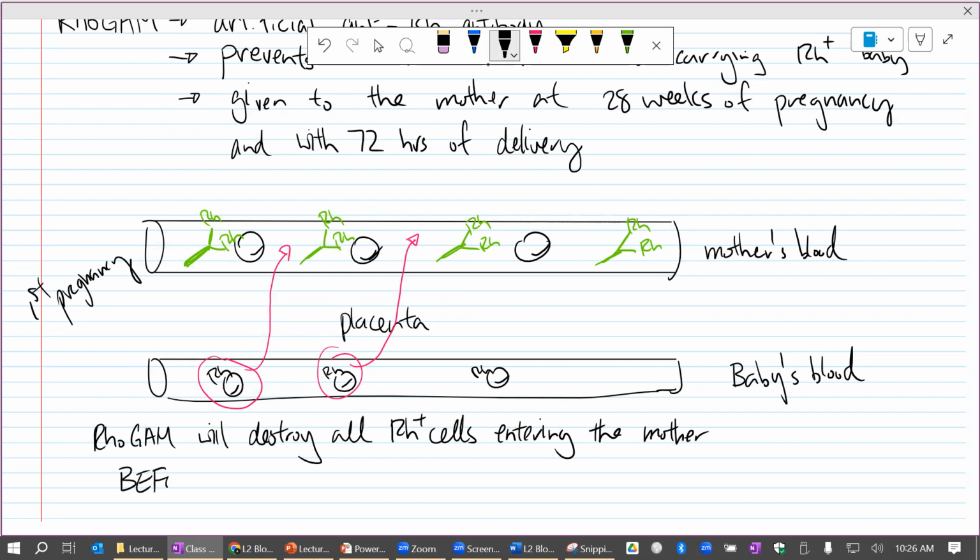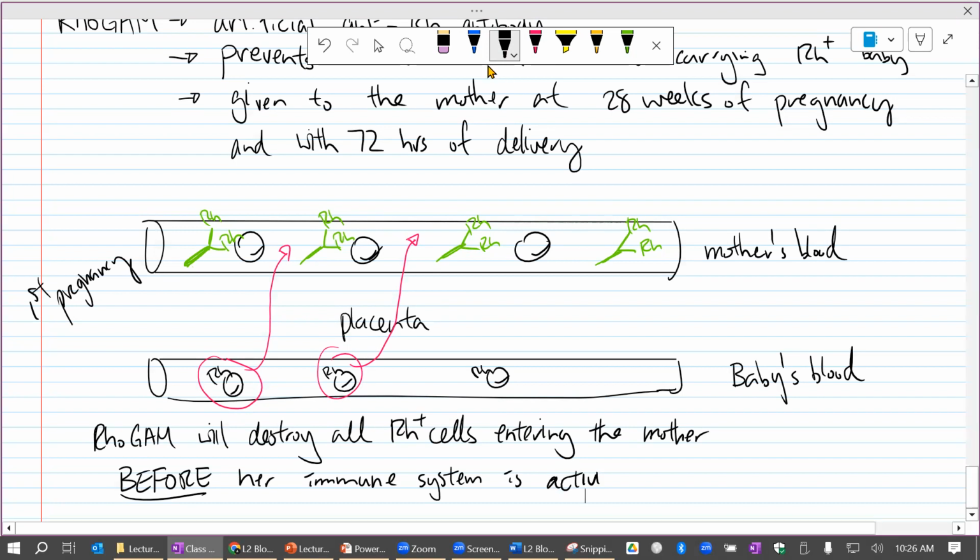before her immune system is activated, and therefore preventing sensitization.